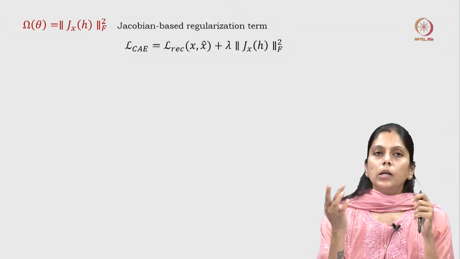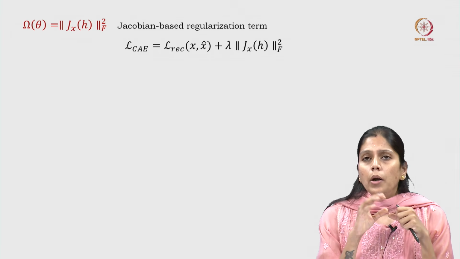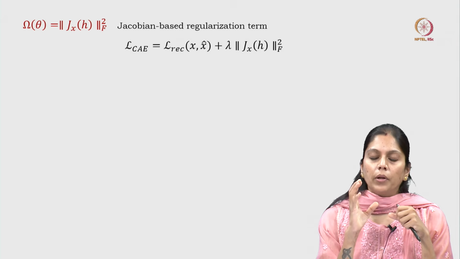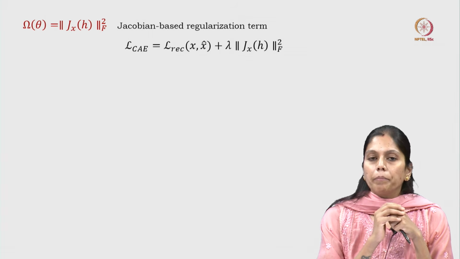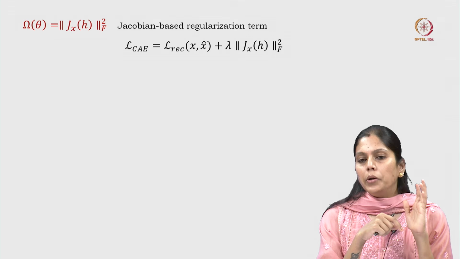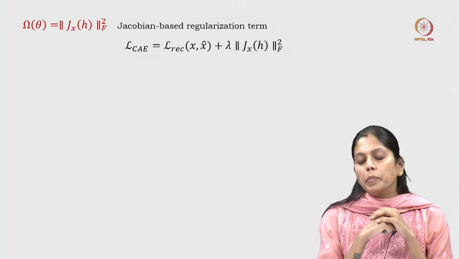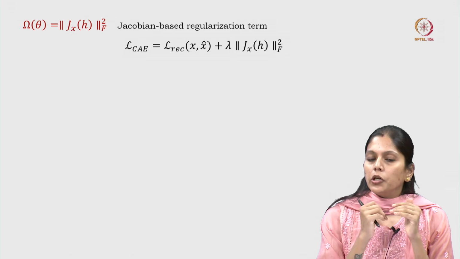Now, what is the contractive autoencoder saying overall? Don't capture the information if there is a small change in the input. Now, just to see, if a hidden representation does not capture the information, then can we say the hidden representation is poor?